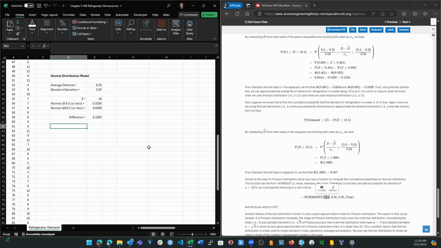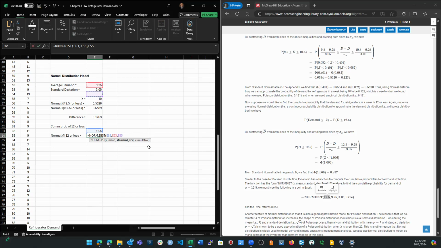So what we're going to do is find the cumulative probability of 12 or less. The way we're going to do that is we're going to use the 12.5. We'll use the normal distribution at 12 or less. And the formula is normal dist. X is 12.5. Our mean is still 9.25.